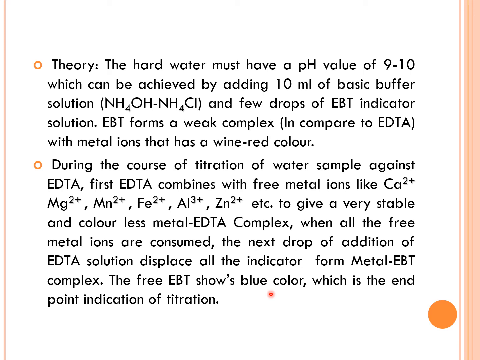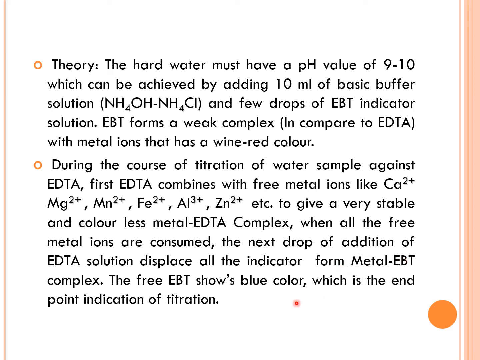In the starting, what we have to do, we take a hard water solution. There we have to add basic buffer solution. The pH of this mixture will be 9 to 10, and then we have to add 2-3 drops of EBT. As soon as we add the EBT, EBT will ionize and it will make a red wine color.